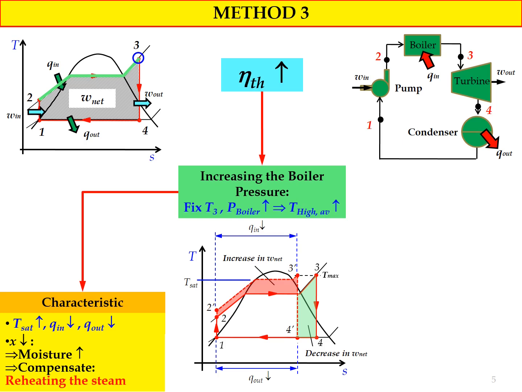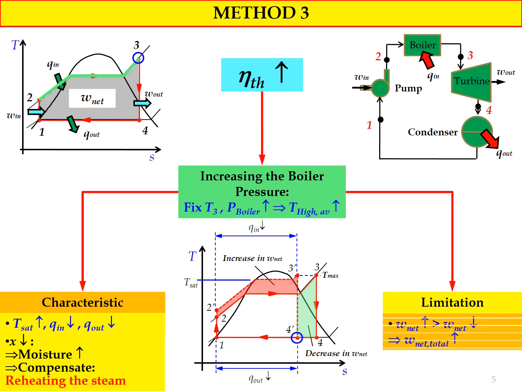So in order to compensate for the moisture content, if you want to reduce the moisture content and still want to increase the boiler pressure by using method number 3, we can add to the system a specific process that we call the reheating steam process. Later on we will learn about this process in the next part of this chapter.